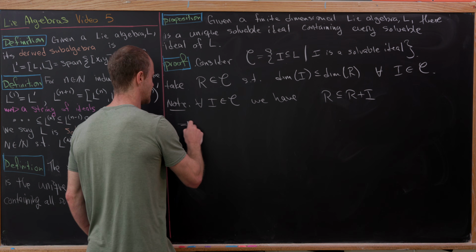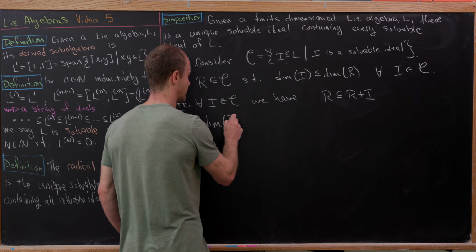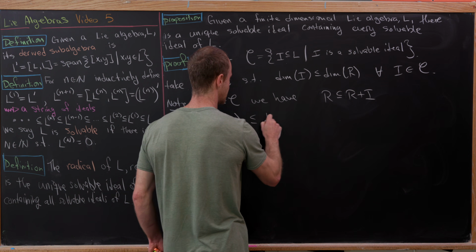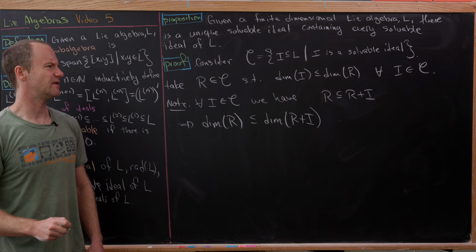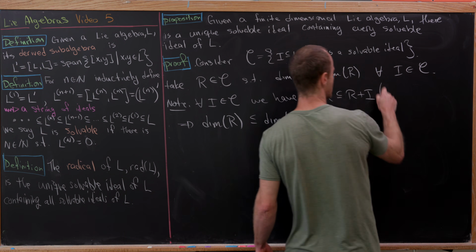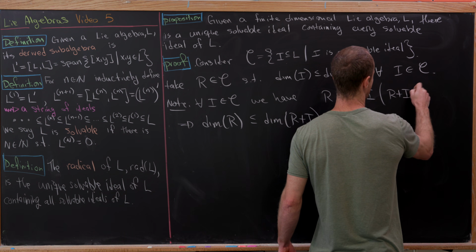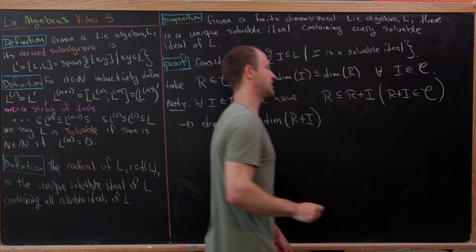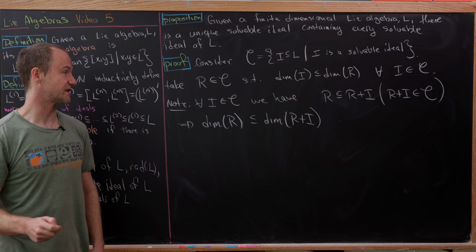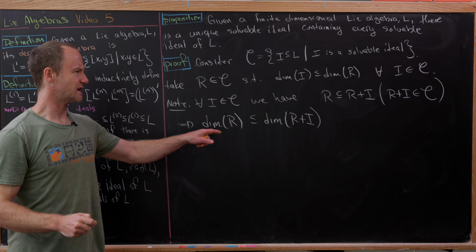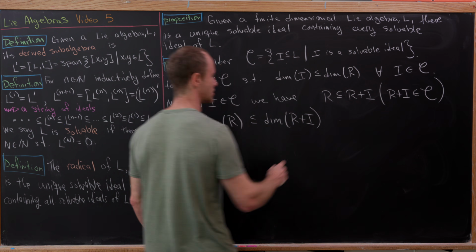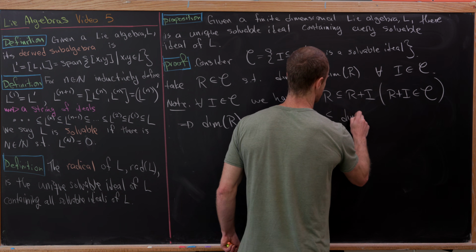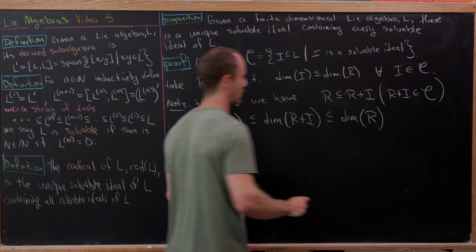But then that means that the dimension of R is less than or equal to the dimension of R plus I. But then also we know that R plus I is solvable, by the previous result. So that means that its dimension is less than or equal to the dimension of R.